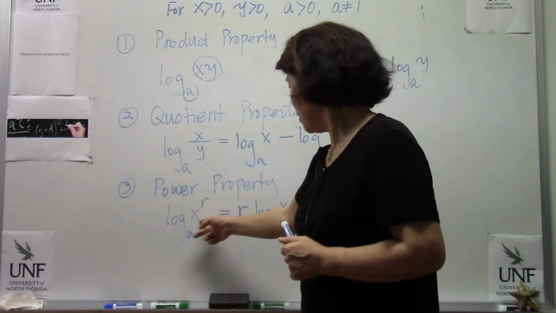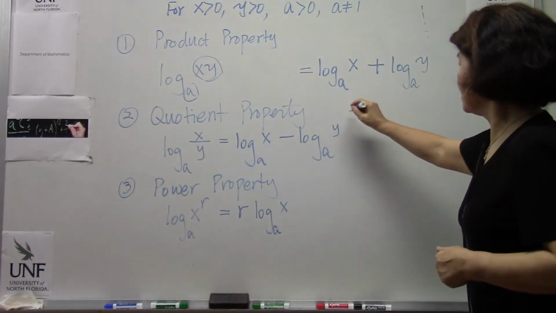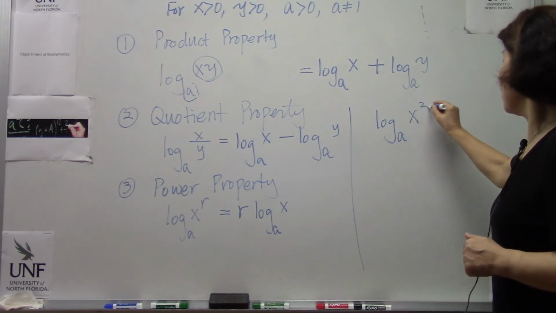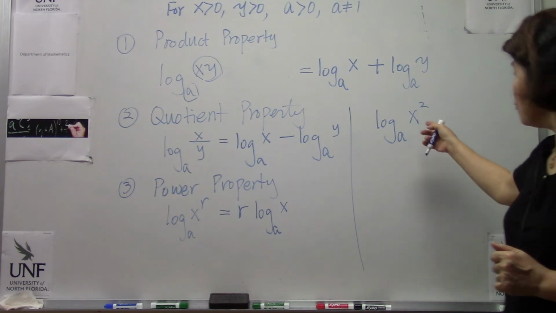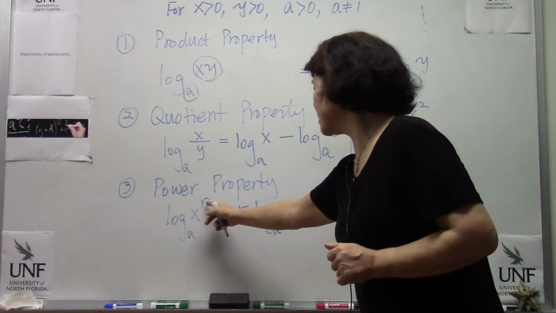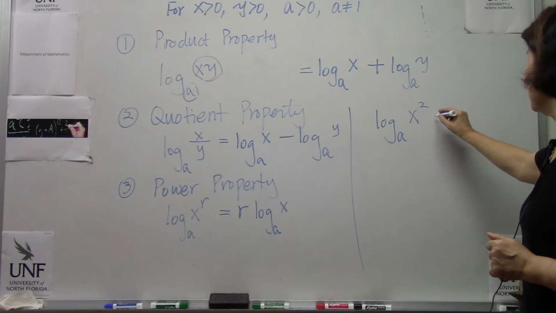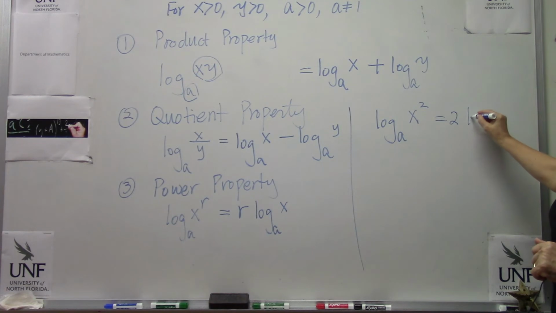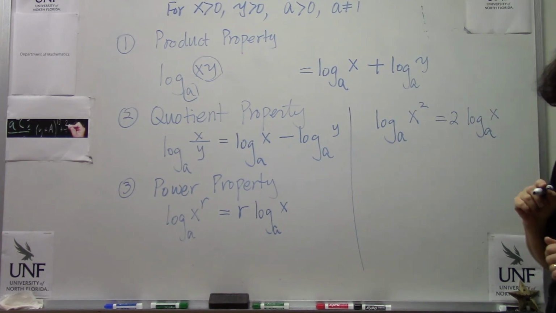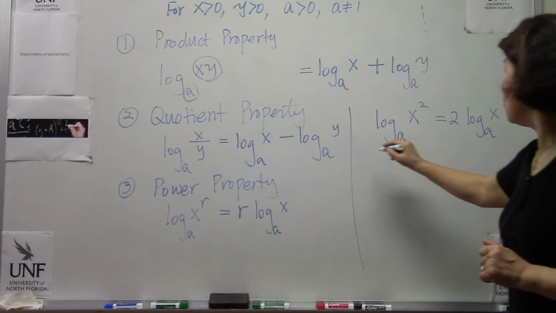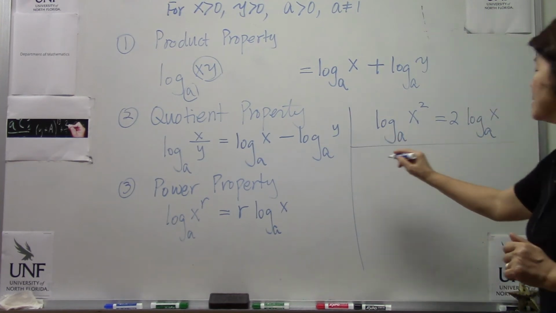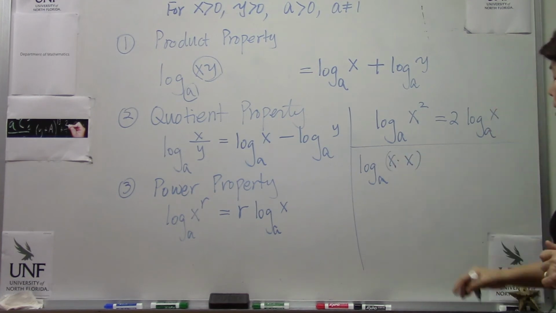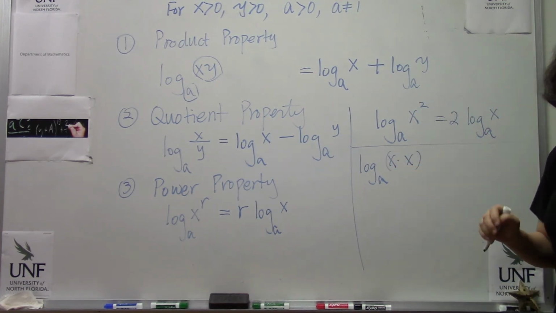So let's look at it this way. When you have log of x squared to base a, for example, we can use this power property. Here r equals 2. Any power you can push to the front, so 2 times log x to base a. Yes, you can do so. On the other hand, I'm going to look at this x squared as x times x. Can you do that? Yes, we can do it without parentheses also.